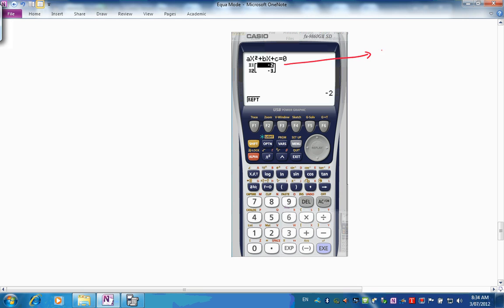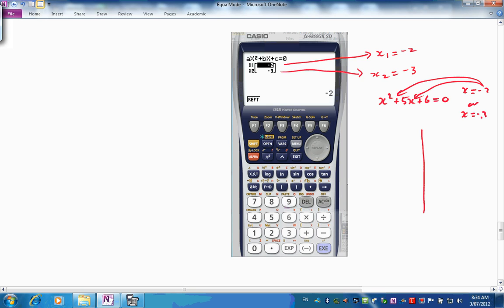Here we have it. The first value, x1, is -2, and x2 is -3. So it's giving us two possible answers to our problem. What x values make our function equal to 0? So x is -2 or x is -3. And we could put those numbers back in here in the x positions and check it out.